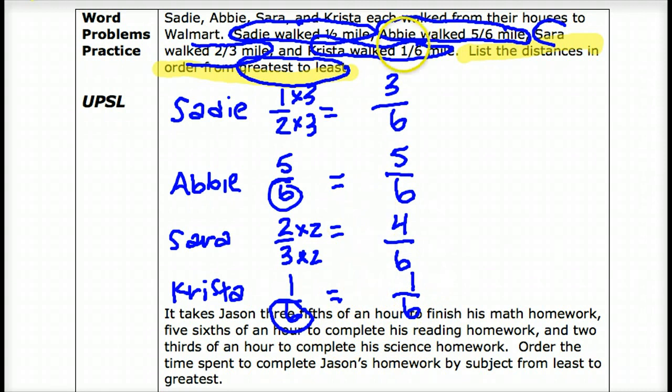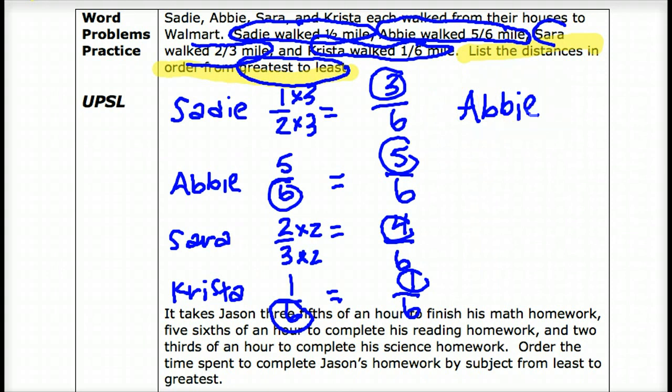Now we can put our numerators in order from greatest to least. So the greatest number here would be Abby's distance of 5/6. So our first name on our list would be Abby. Next would be the 4, which is Sarah.